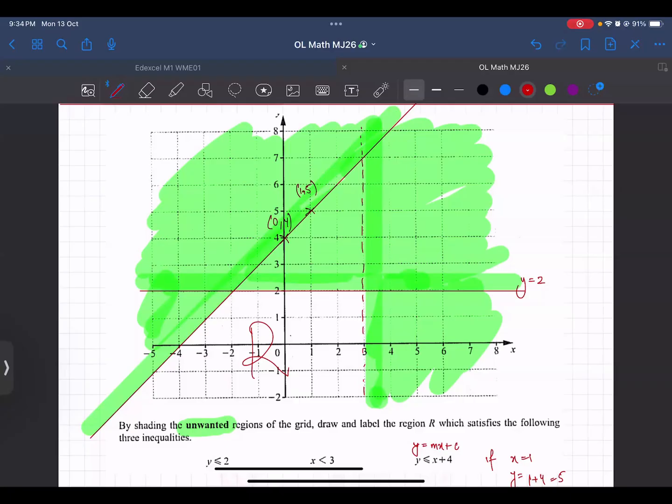Let me see. Y is less than or equal to 2. Okay, so we need the below part. Okay, the unshaded is the part which is over here. So unshaded is less than 2 and less than 3 and below. Yes, this is the answer. This is the region.